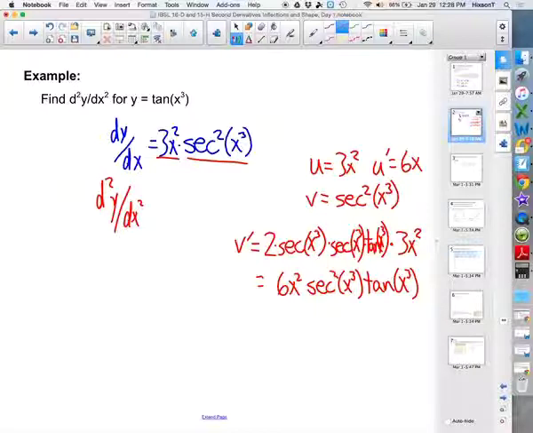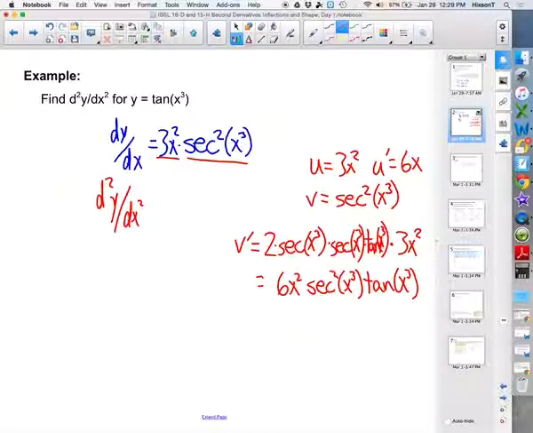Not really, there's nothing that will really cancel out here. Theoretically, if you wanted to make secant squared 1 plus tangent squared, you could, and if we were solving this for when it equals 0, you may want to, but at this point we can simplify or leave it like that.